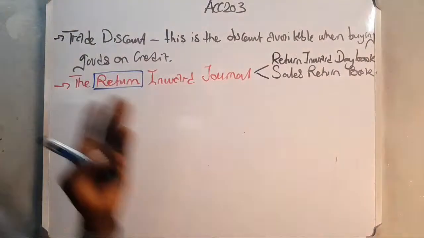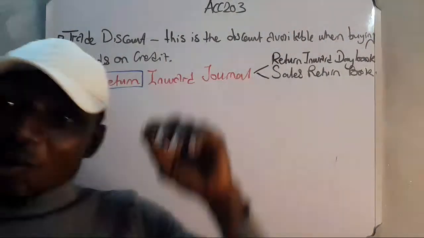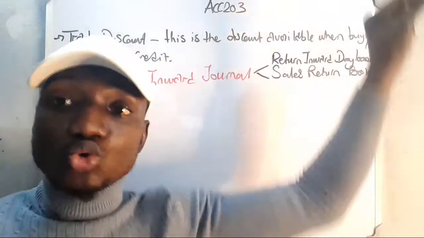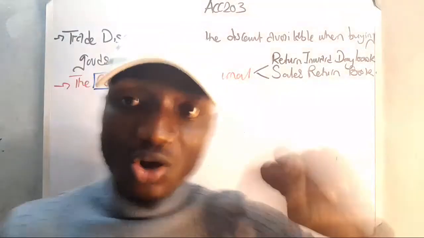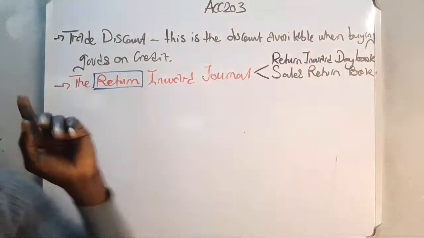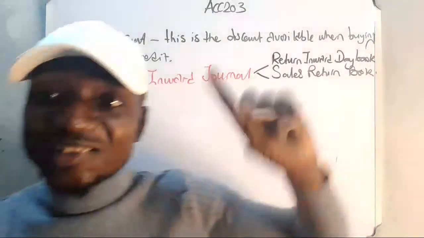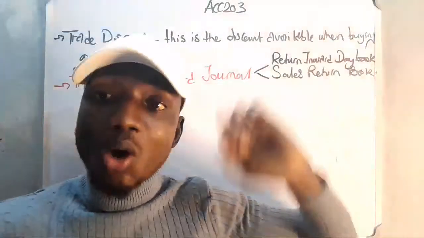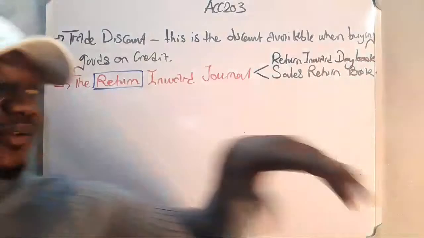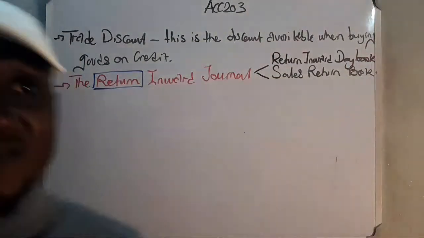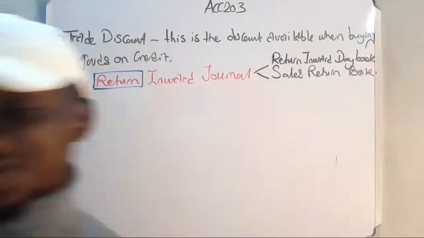Before you can have this, that means there was a point at which these goods were bought. They left the suppliers. If goods had at a point been sold out, had left the base of production, then maybe for a reason or two, it was now returned.